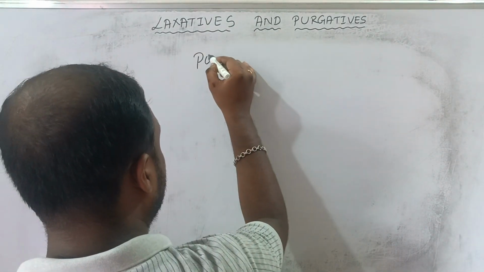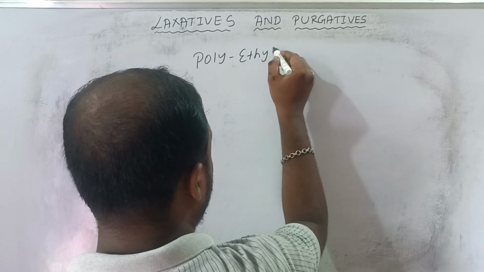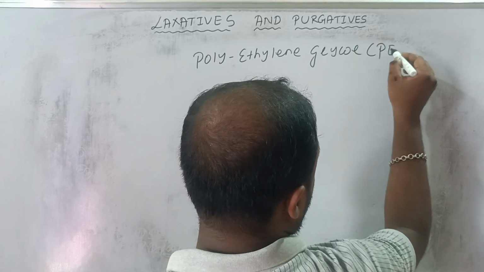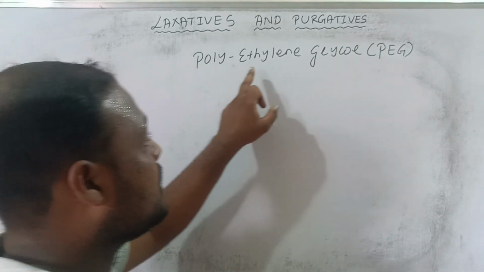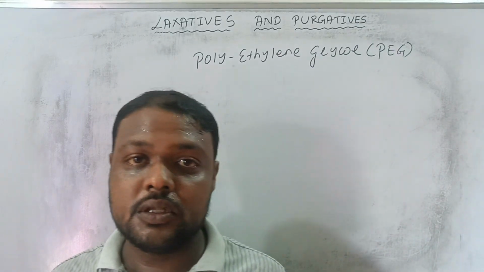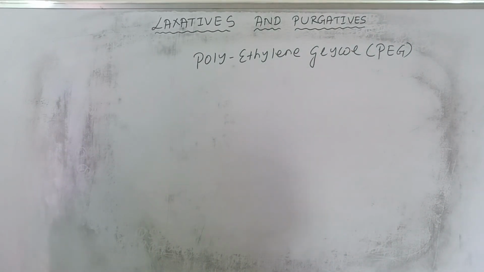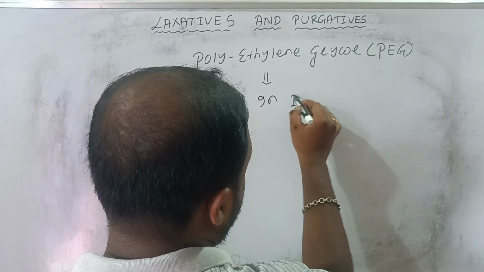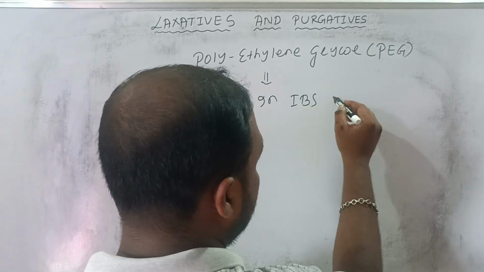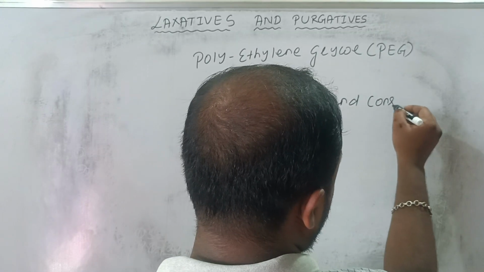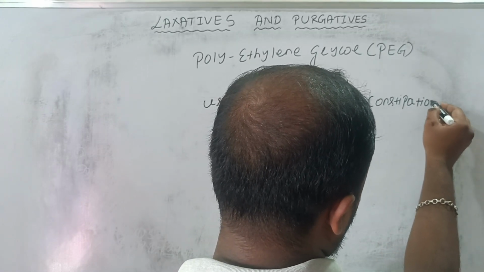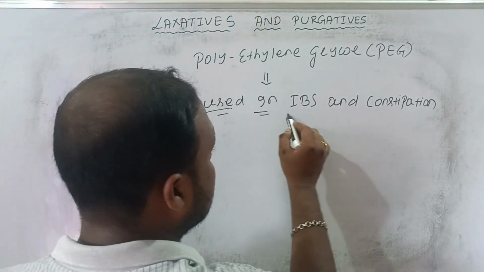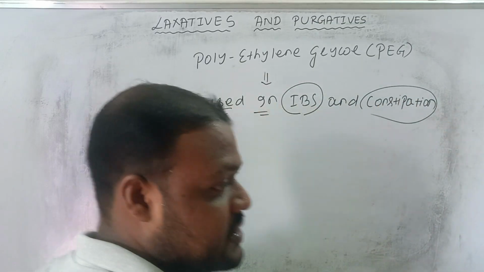Polyethylene glycol, or PEG, is used in IBS, irritable bowel syndrome, and constipation.